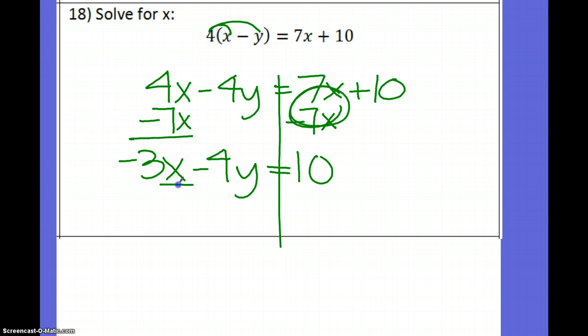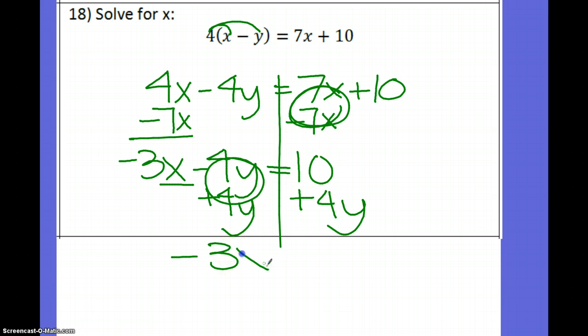And we want to get x by itself, so we need to move the 4y and the 3. The first thing to move is the 4y, because that gets you 0. So plus 4y, both sides, negative 3x equals, in this case 10 and 4y are not like terms.